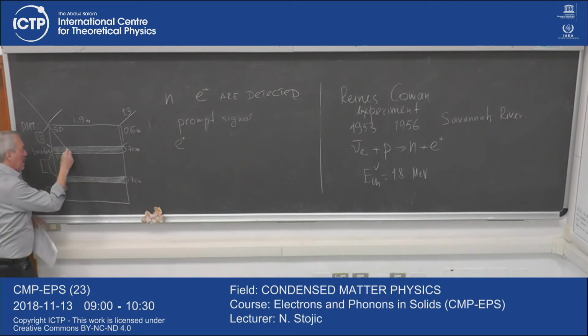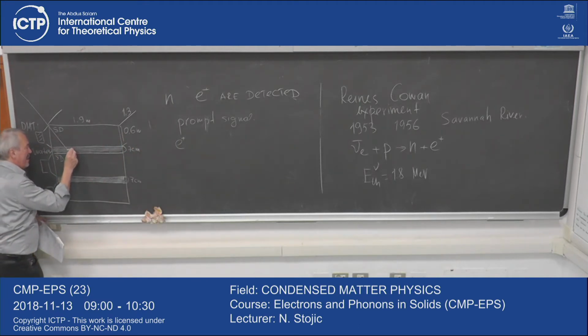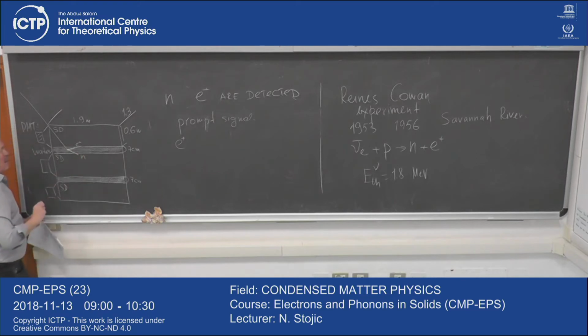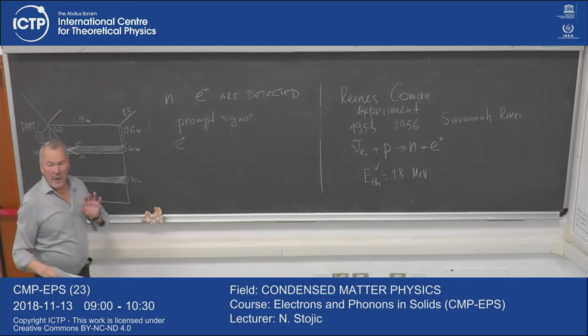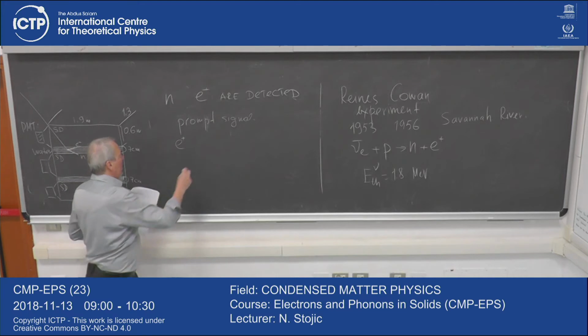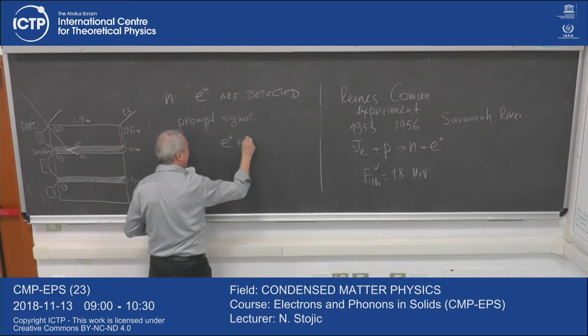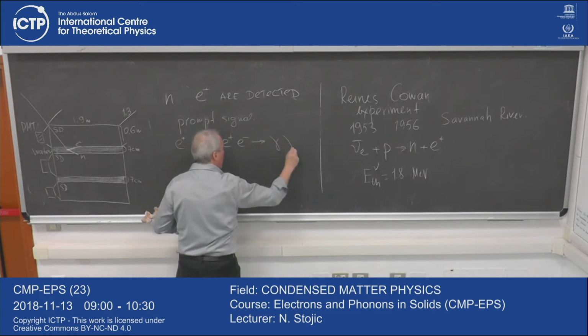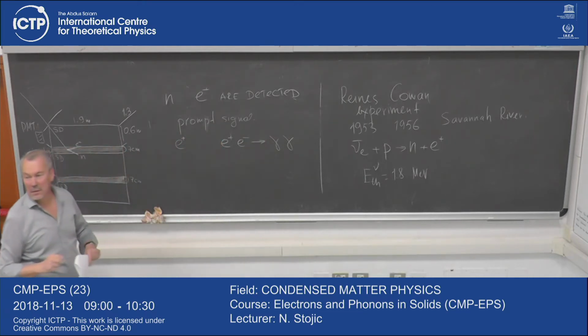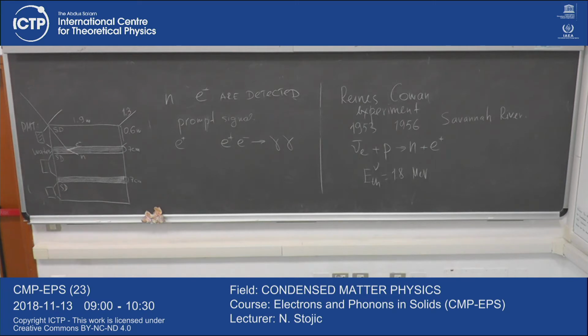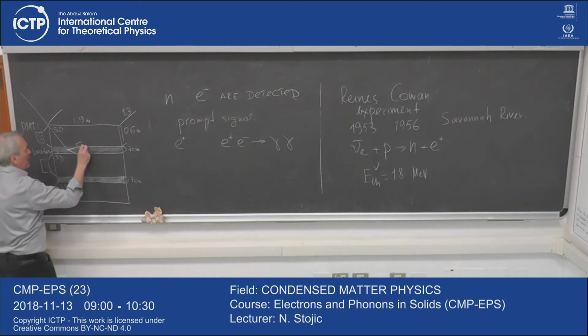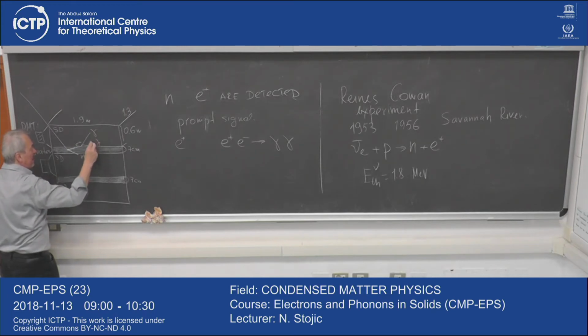So here we have production of a positron and a neutron. The positron quite quickly loses its energy and annihilates with electrons present in the medium, and produces two gammas. So here is the annihilation, which produces two gammas.